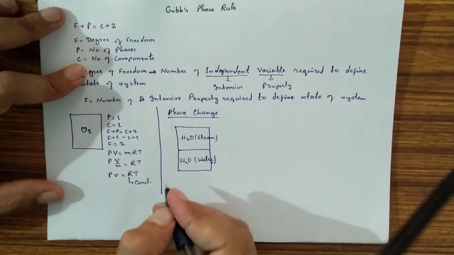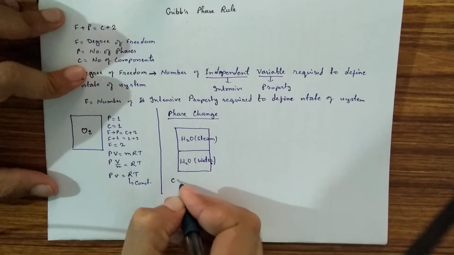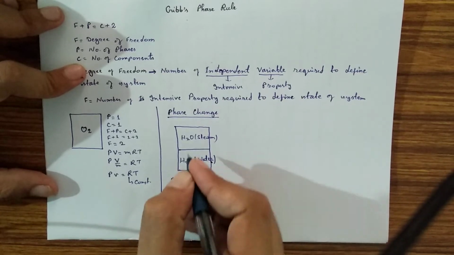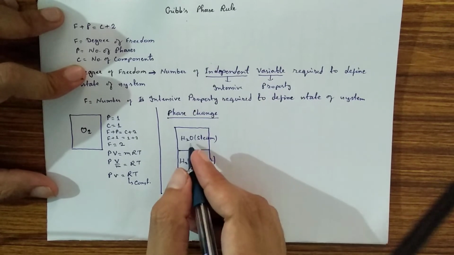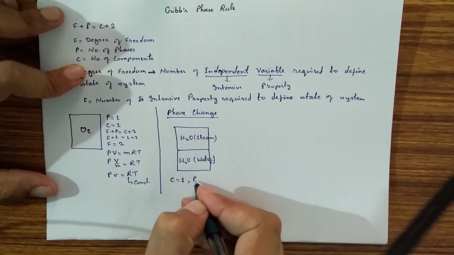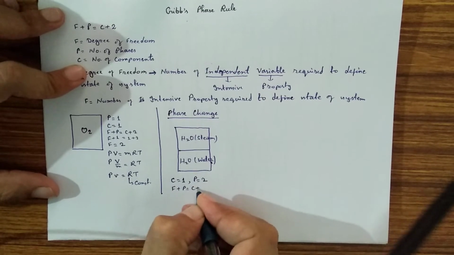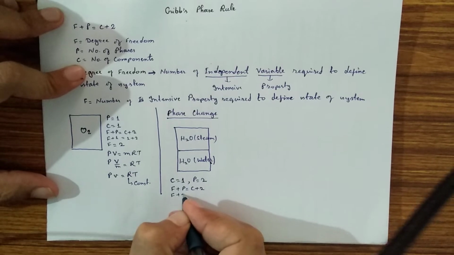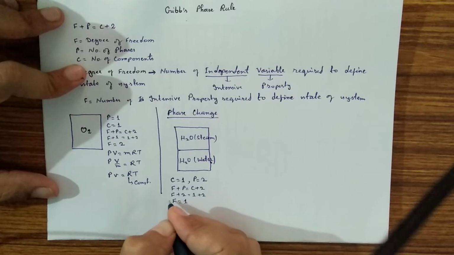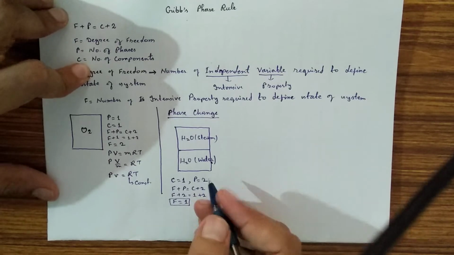So here the number of components is 1, because these are only forms of water. It is having 2 phases, one in gaseous form and the other in liquid form, so number of phases is 2. F plus P equals C plus 2, that is F plus 2 equals 1 plus 2, so F equals 1. During phase change, degree of freedom is 1.